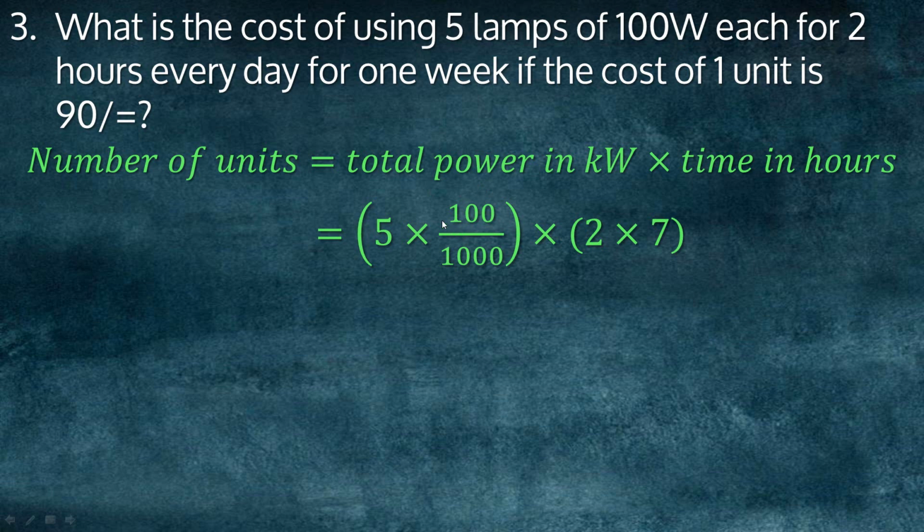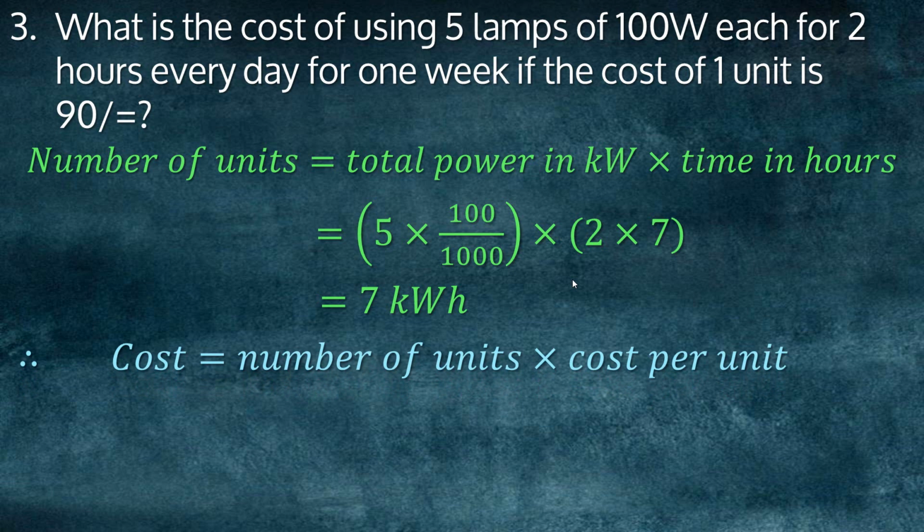Remember, there are 5 of them, so times 5, and then times the time in hours. They are operating 2 hours each day for 1 week. That means the total number of hours will be 14, so you multiply 2 times 7. And so we get 7 kilowatt hours as the number of units.